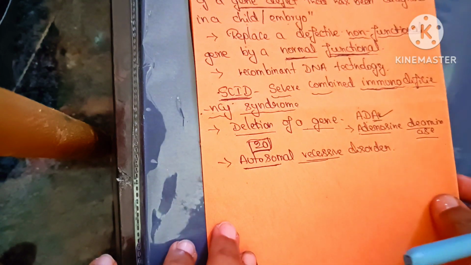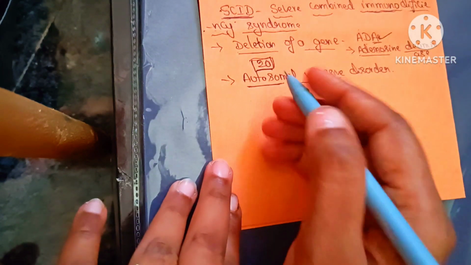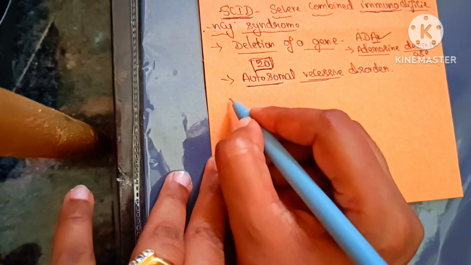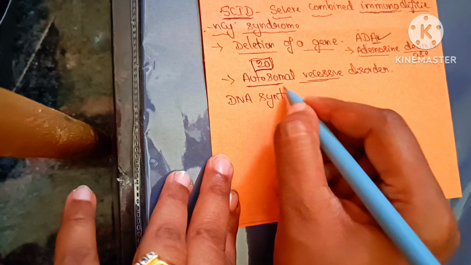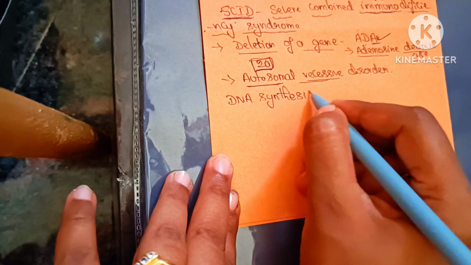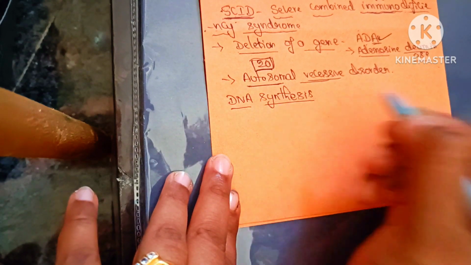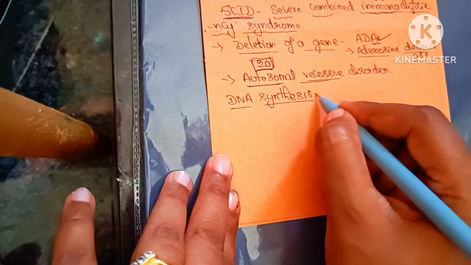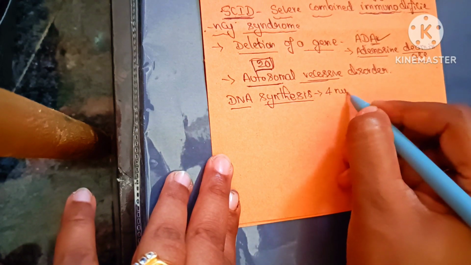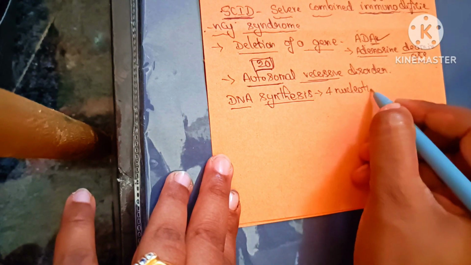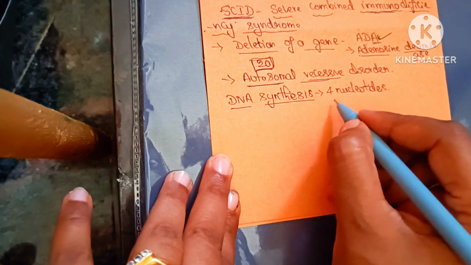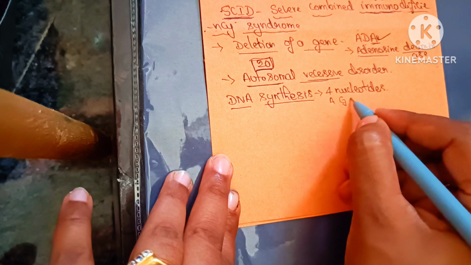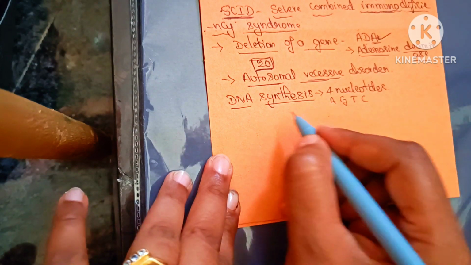Now, in normal individuals, for DNA synthesis, or we can refer to it as replication, there is a requirement of 4 nucleotides that we know already: adenine, guanine, thymine and cytosine.